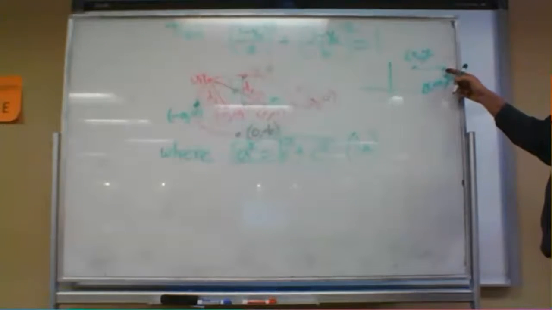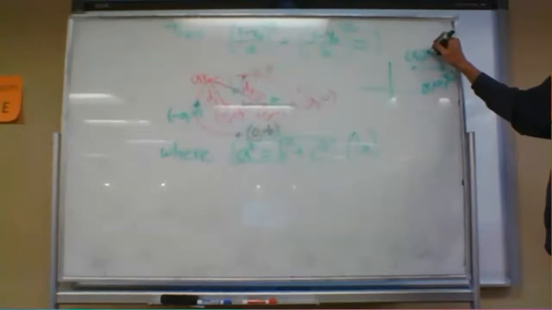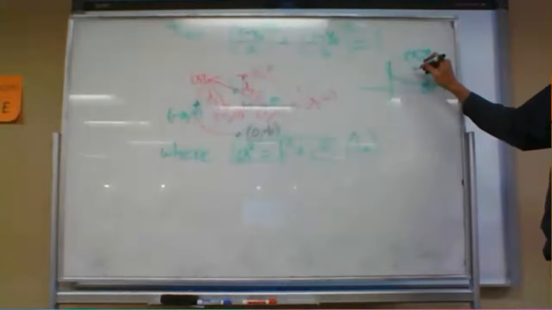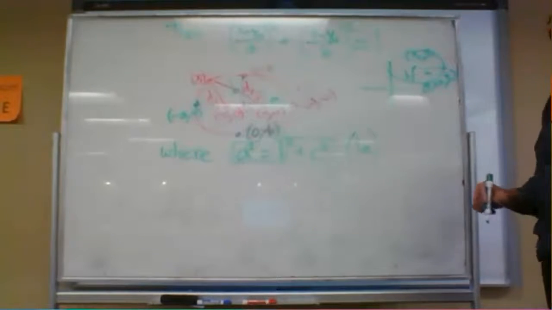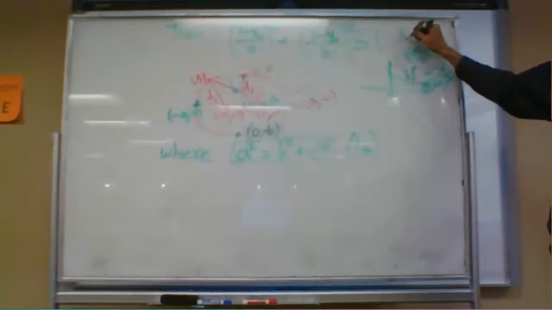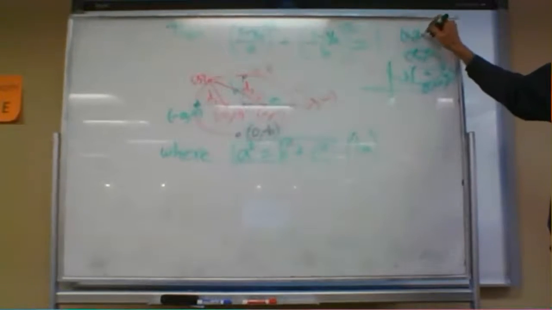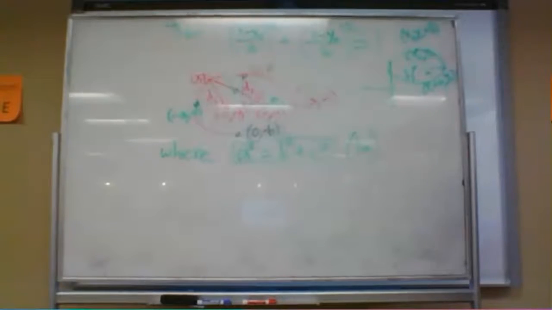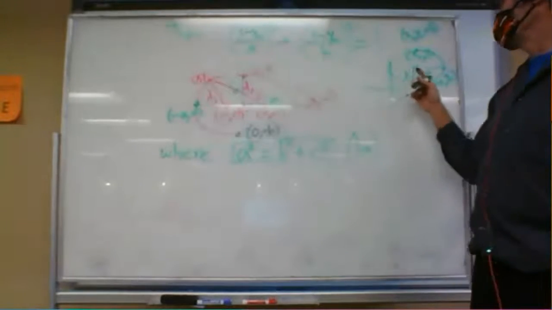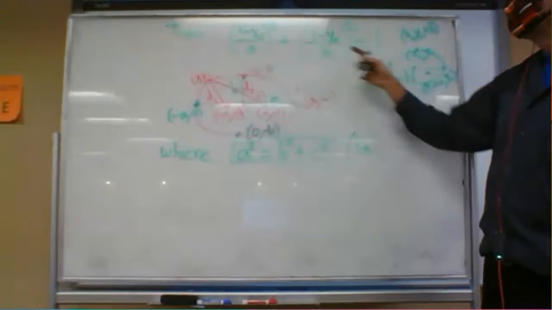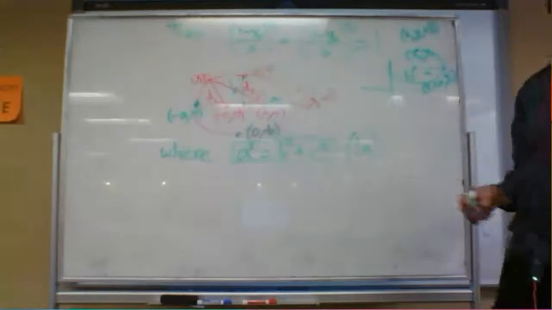And so that'll be the one vertex, for instance. And you just get the ellipse over here in the same shape. This will still be a, this will still be b, all that stuff. And this one up here goes up b units from the center, so it's (x0, y0 plus b). All right? So this equation gives you semi-major axis length a, semi-minor axis length b, and center (x0, y0).